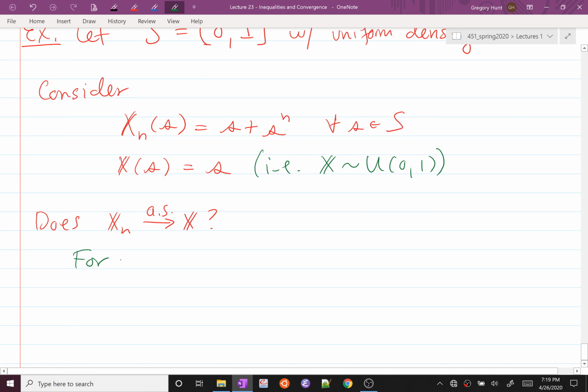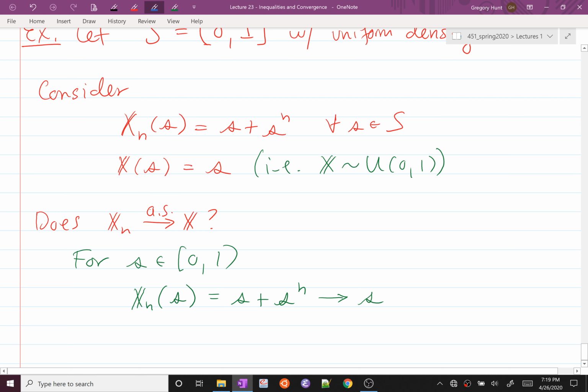For s in, let's say, 0 to 1, including 0 but excluding 1, if we consider xn at some one of these s's between 0 and 1 but not at 1, this is s plus s to the n. And as n gets really large, this is going to converge to just s, right?